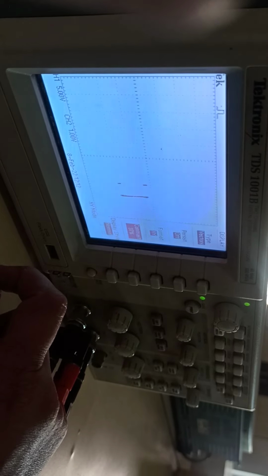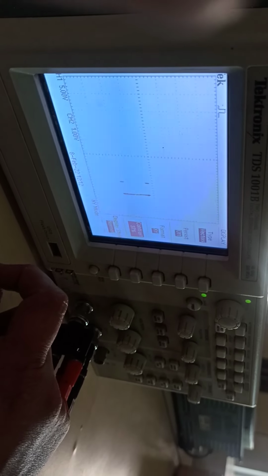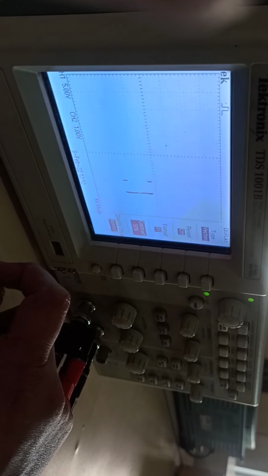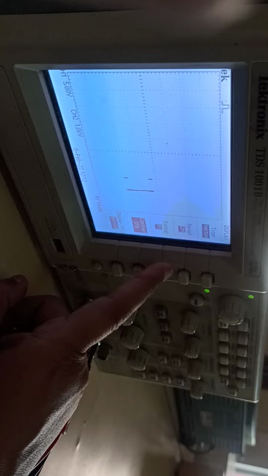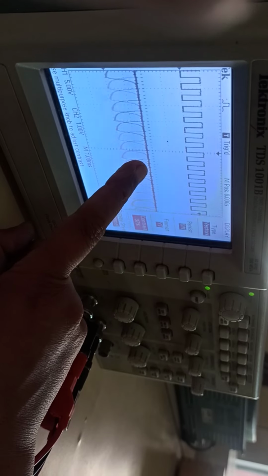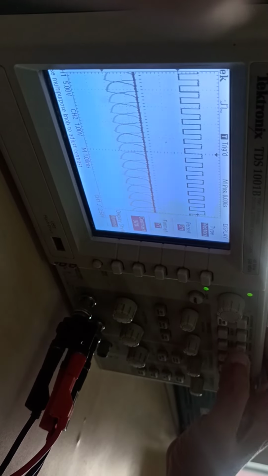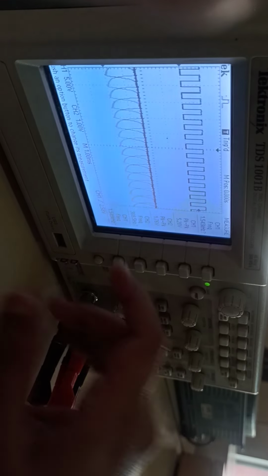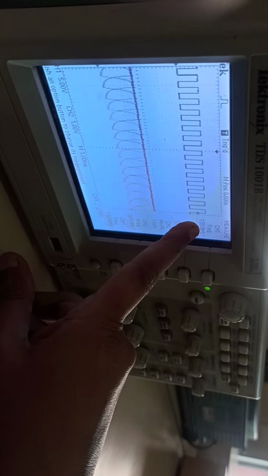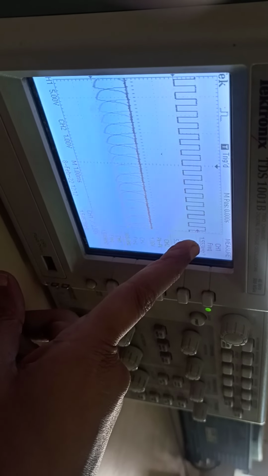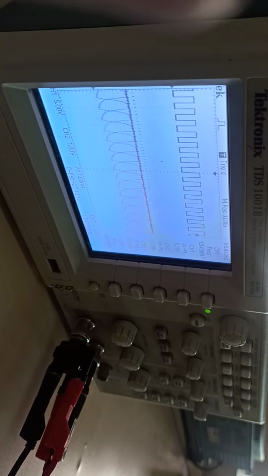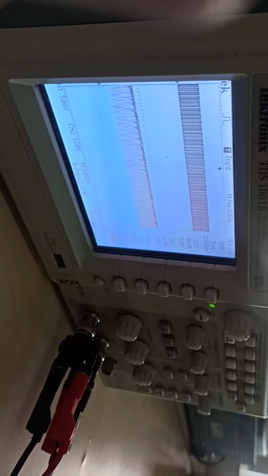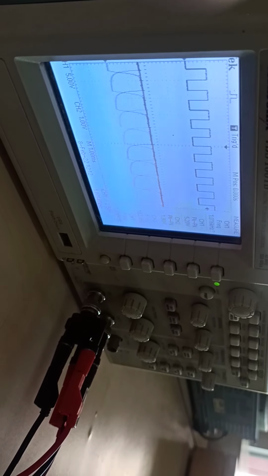Now at this point the eye is going to be closed. See, you can make out this point. Eye is closed. Acquire and measure this. So we can see the channel 1 frequency as 1.55 kilohertz. So this is the frequency limit for your 4K7 load.